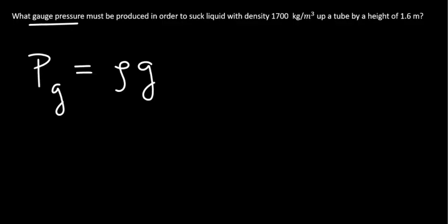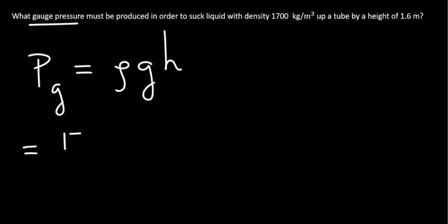What gauge pressure must be produced in order to suck liquid with density 1700 kg per cubic meter up a tube by a height of 1.6 meter? Gauge pressure associated with liquid is simply given by the density of liquid times gravitational acceleration times the height of that liquid in a certain column.